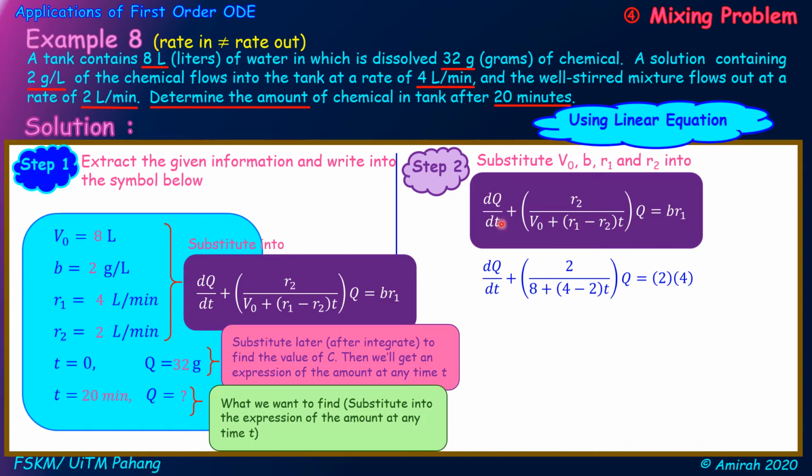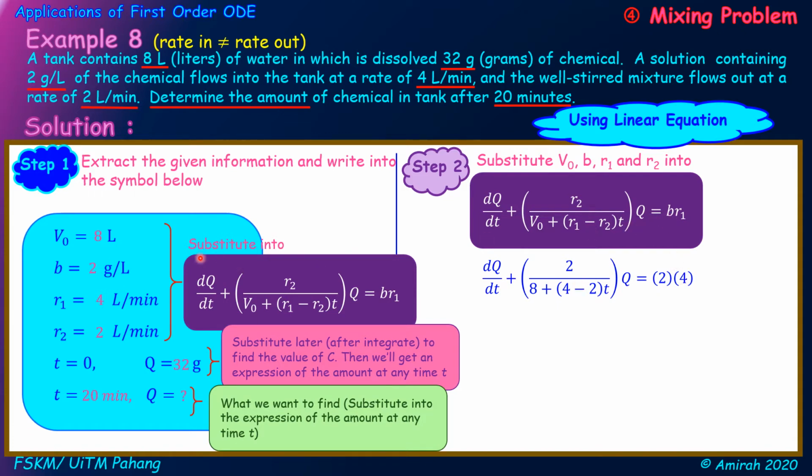We substitute R2 equals to 2. We substitute V naught equals to 8. And then we substitute R1 equals to 4, R2 equals to 2, and b equals to 2.